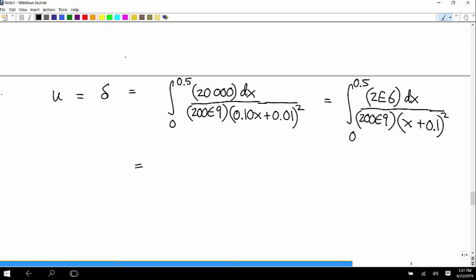And we can simplify a little more. We have 2 times 10 to the 6 over 2 times 10 to the 11, so that's 2 times 10 to the minus 5 pulled outside of this integral, of dx over the quantity x plus 0.1 squared.